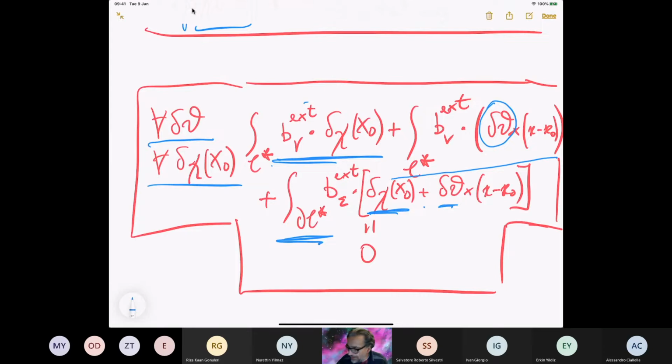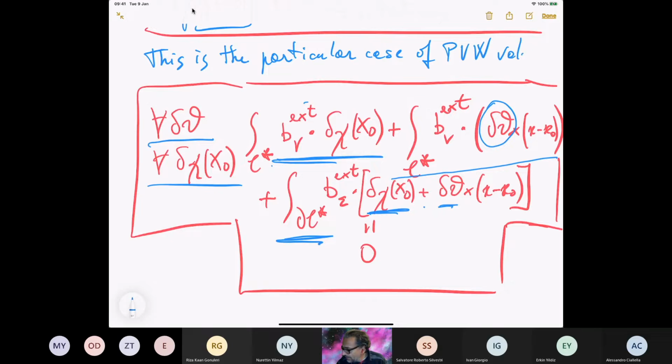Okay. So this is the particular case of the principle of virtual work valid for rigid virtual displacements. If I have a property valid for every displacement, then this property is valid for a specific set of displacements.